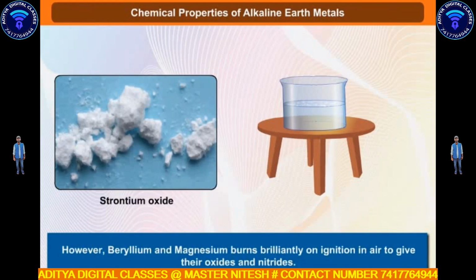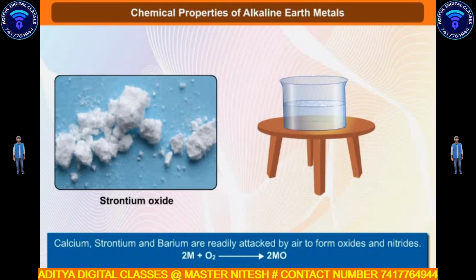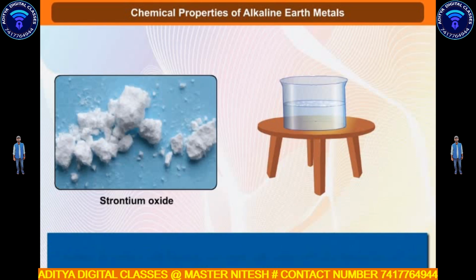However, beryllium and magnesium burn brilliantly on ignition in air to give their oxides and nitrides. Calcium, strontium, and barium are readily attacked by air to form oxides and nitrides.